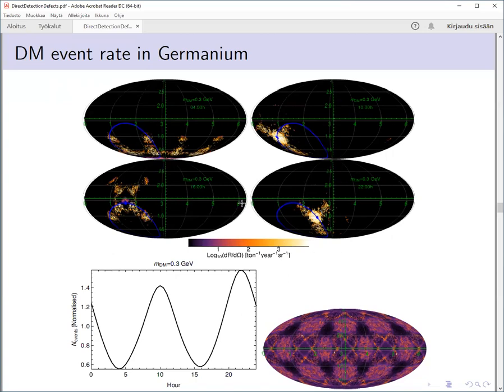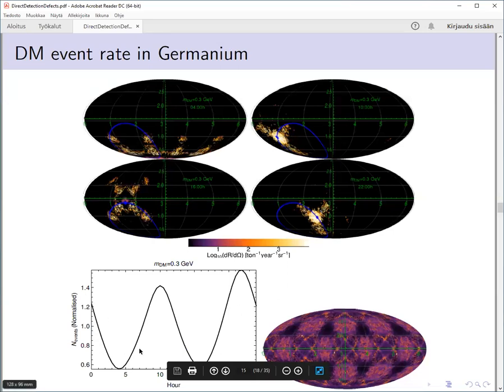And you can see that when the direction of the dark matter wind corresponds to this black dot in the crystal, the black region is the region of low threshold. So here it is easier to excite the signal, so you get a larger event rate there. Whereas when the wind is coming from a region where the threshold is higher, then you get fewer events.